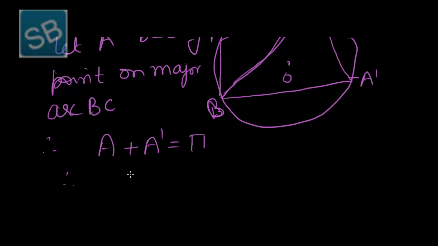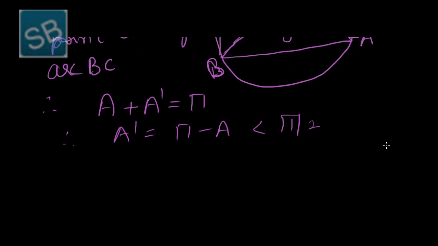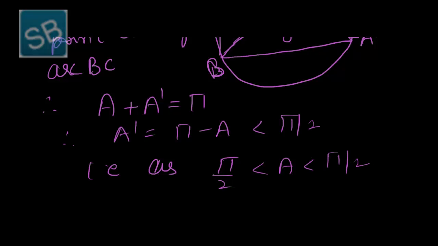Therefore, angle A dash is equal to pi minus A, which is less than pi by 2, as A is lying between pi by 2 to pi.